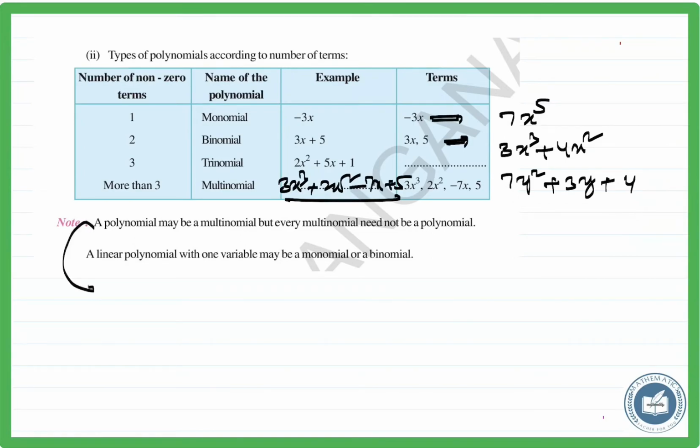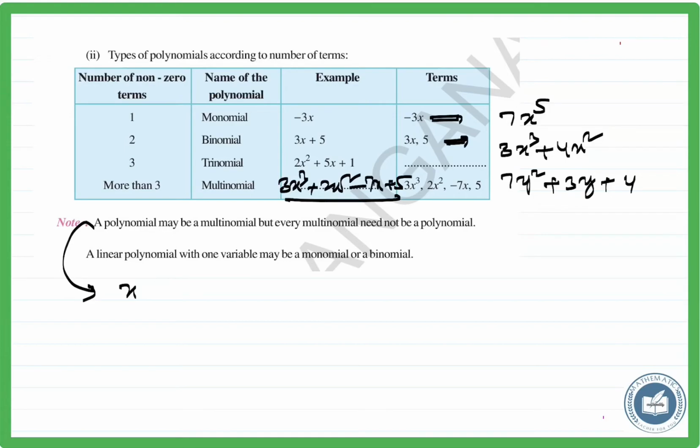I am going to give one example here. A polynomial may be a multinomial, may not be, because here we have observed that all are polynomials only. If it has more than three terms, it is a multinomial. But all multinomials are not polynomials. All multinomials need not be polynomials.